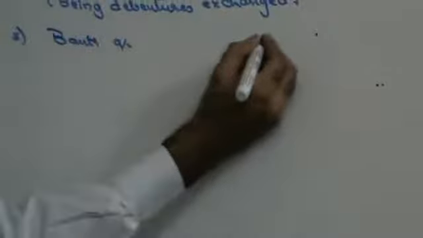IDBI Bank has agreed to apply for 5 lakh equity shares by paying full on application. IDBI Bank is applying. Now it does not matter to whom you are selling, so long as money is coming in. You are selling the shares. You are selling shares, so money is going to come in, bank account debit.